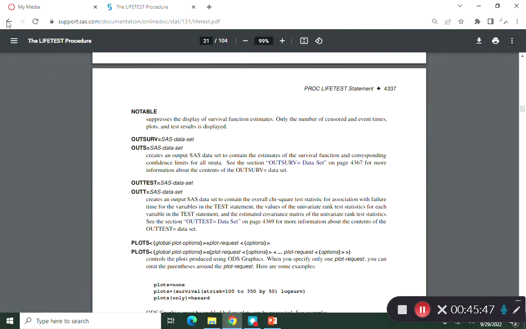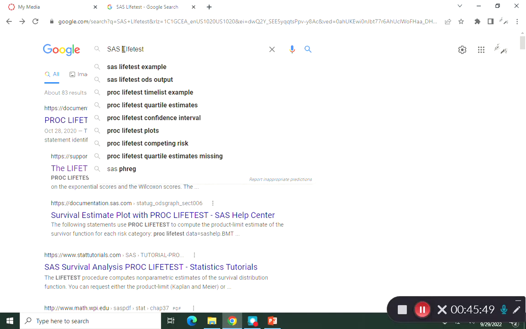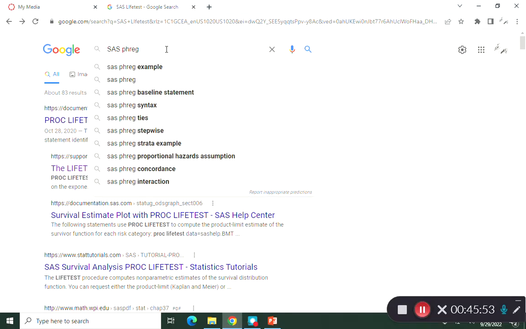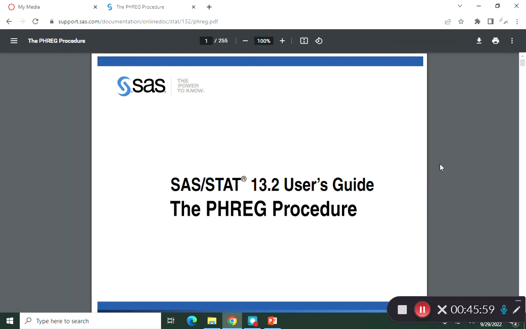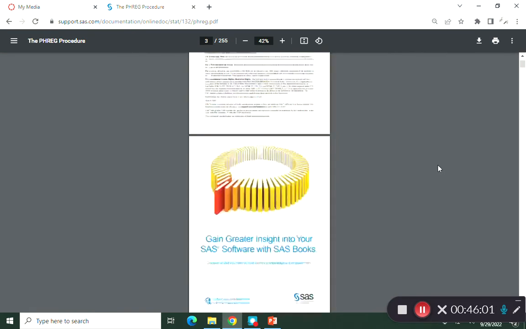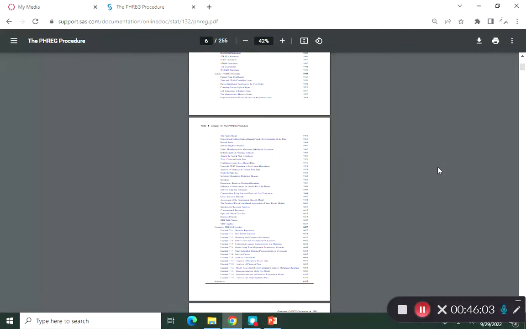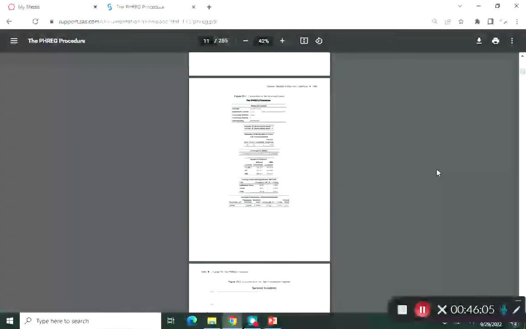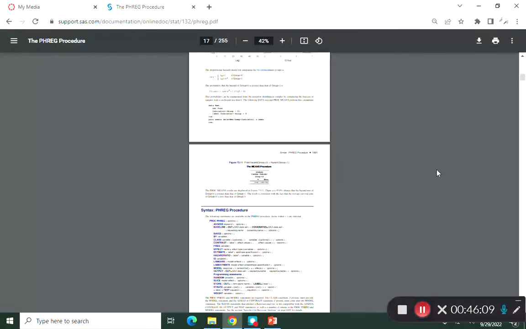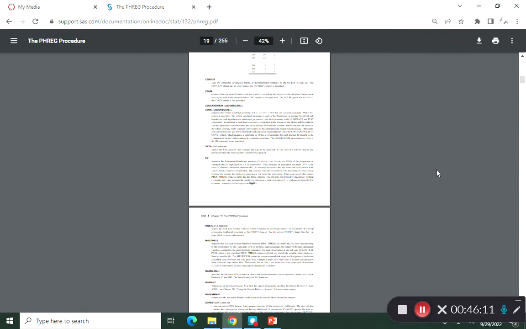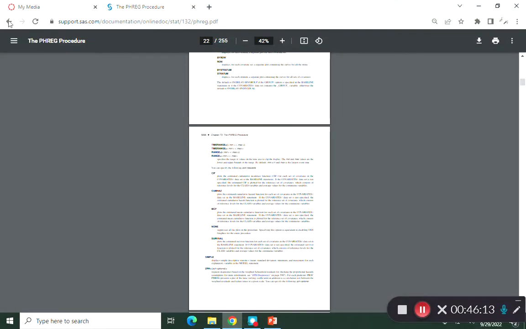Okay, the third procedure you need to download from SAS is called PHREG, proportional hazard function. And PHREG looks a lot fancier because there are tons of stuff. This is the one that we're going to spend a lot of time to explain. And these three procedures, please put that down.